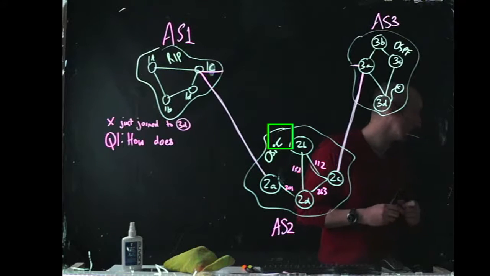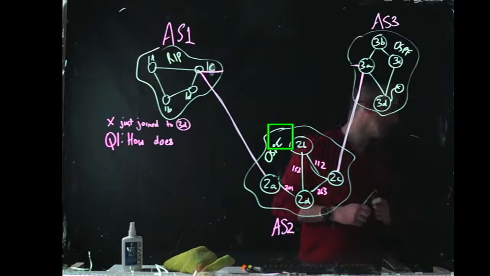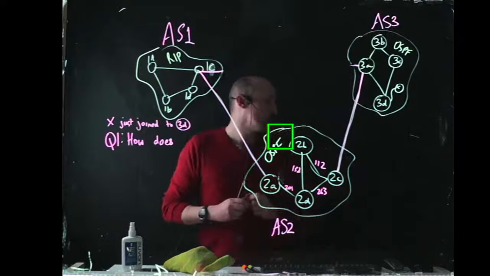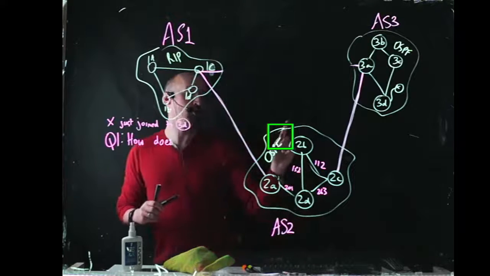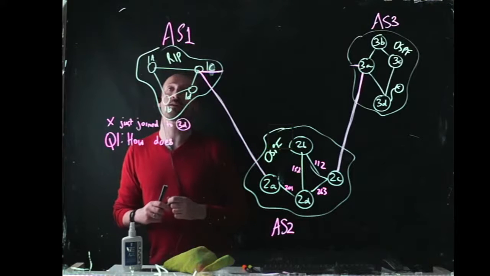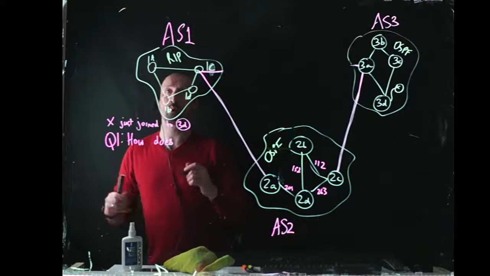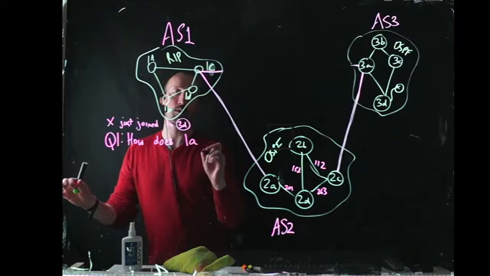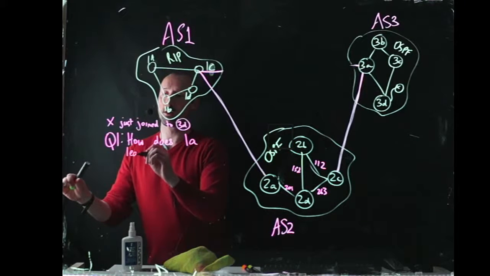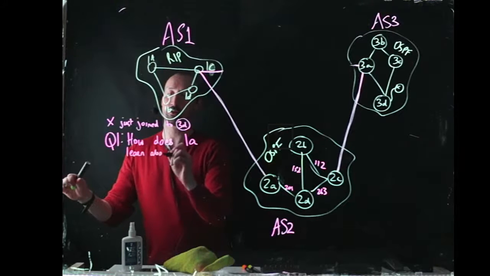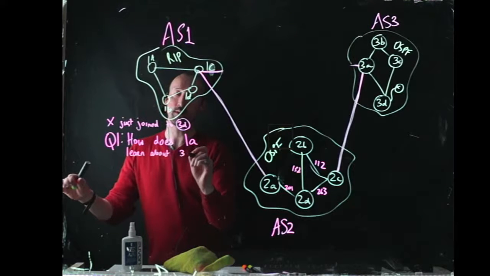So how does 1A learn about X? Let's just pick any node here.